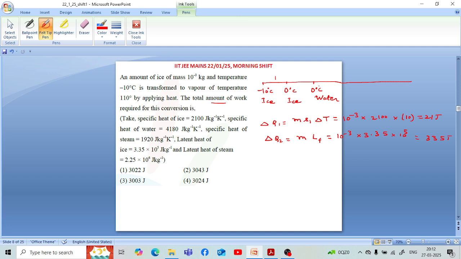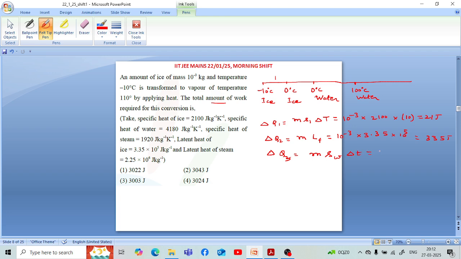Now this 0 degree Celsius water has to be converted into 100 degree Celsius water. So there is a temperature change, not a state change. So the amount of heat which is required for this conversion is given by delta Q3. Delta Q3 is equal to M, the specific heat of water, then the temperature change.